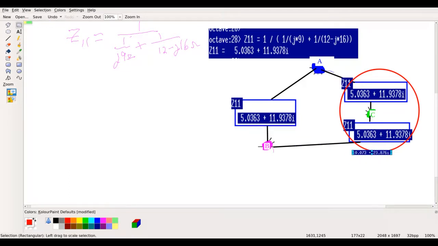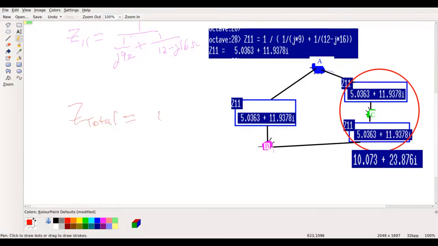To get the total impedance within this circuit, these two are just in series, so it's just this total impedance here. But now this total impedance is in parallel with this impedance. So Z total is this Z parallel in parallel with two of them in series.